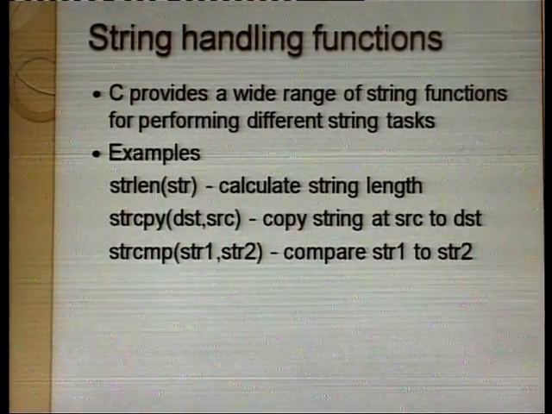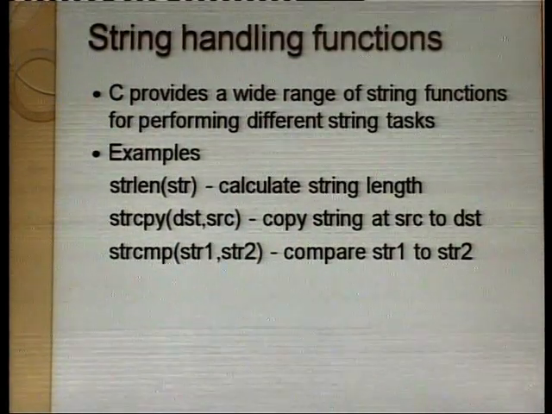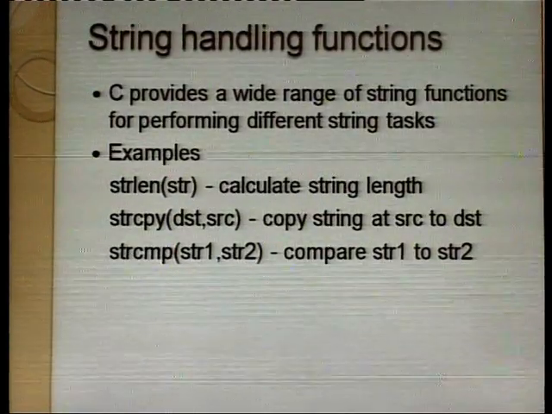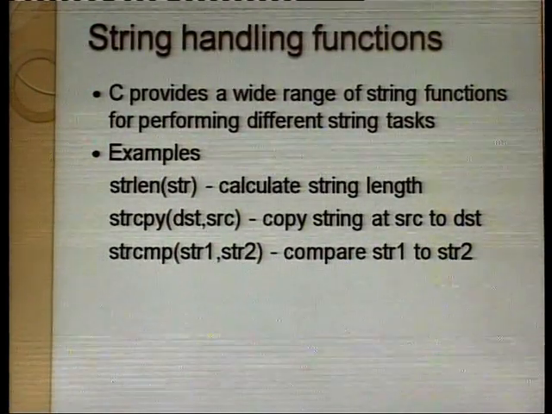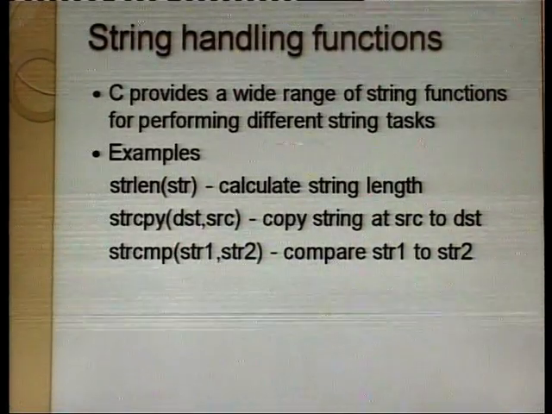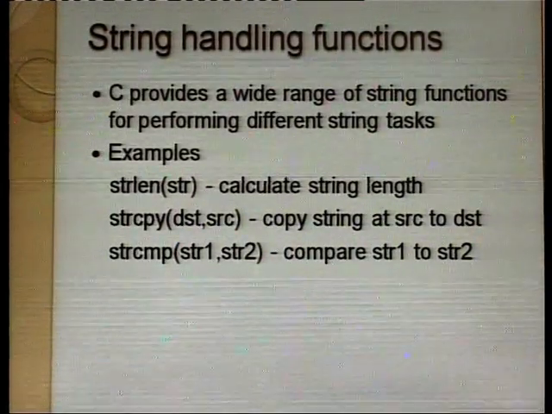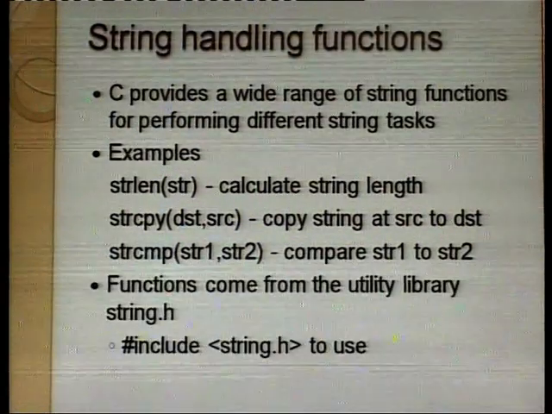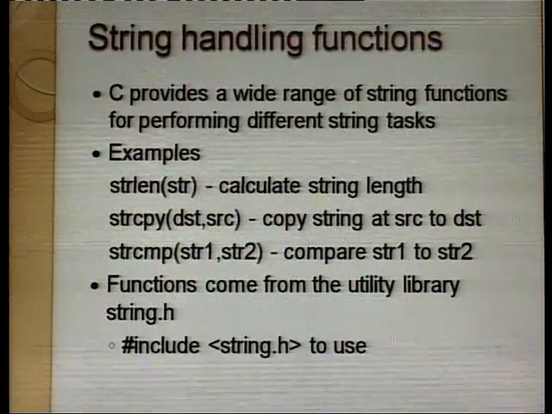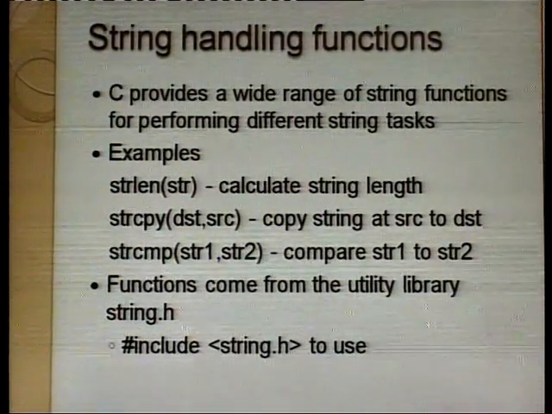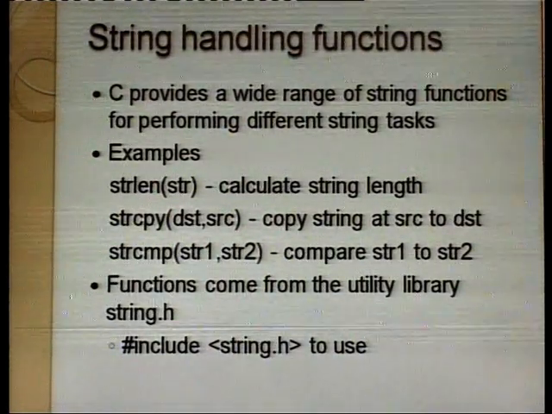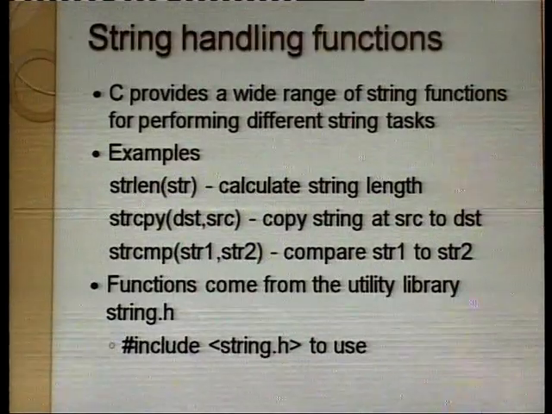Examples: string length, strlen, for calculating the string length; string copy, strcpy, destination comma source, copies the string at source to destination; string compare, strcmp, string 1 comma string 2, compares string 1 to string 2. These functions come with the utility library string.h. It means if we have to use these library functions, we must include the header file string.h.